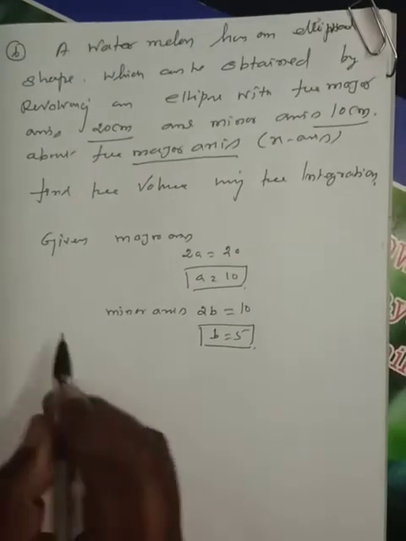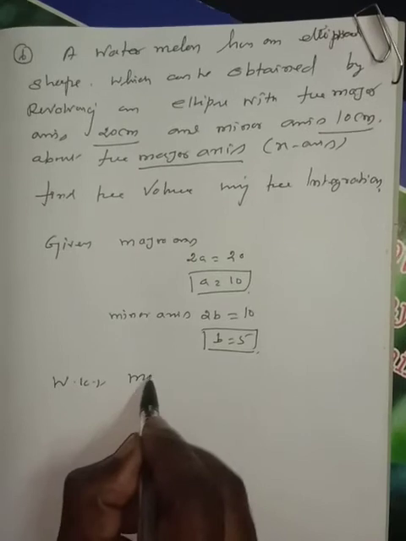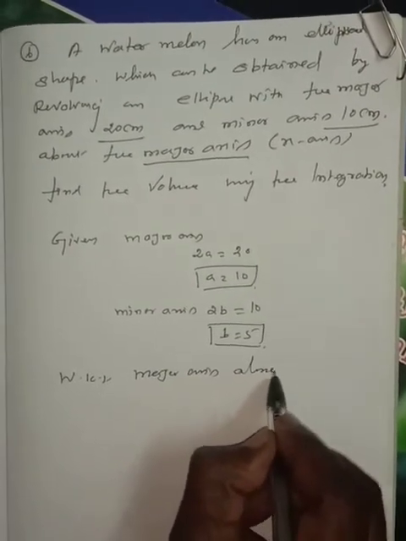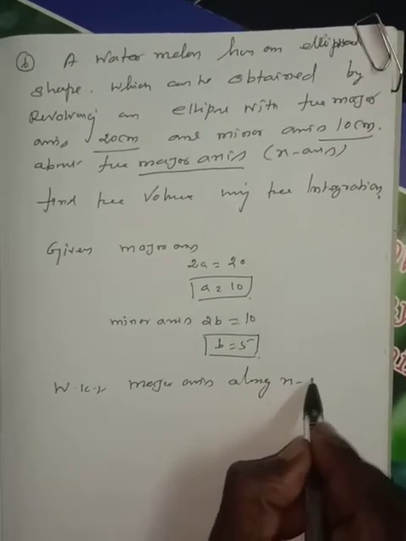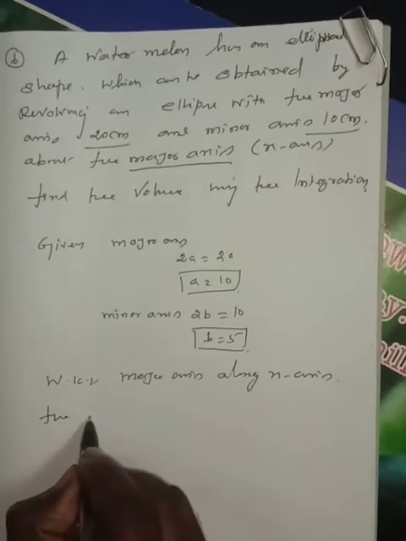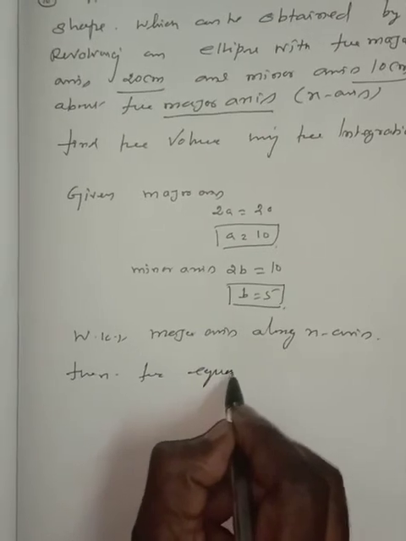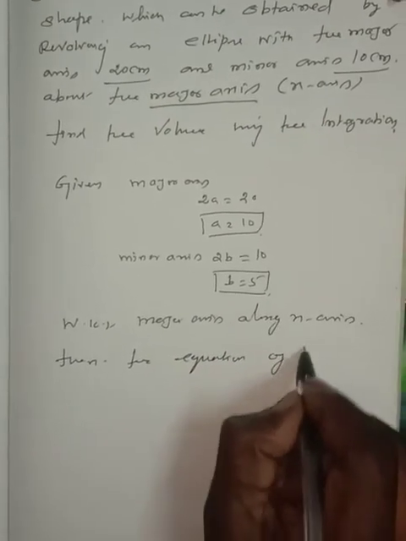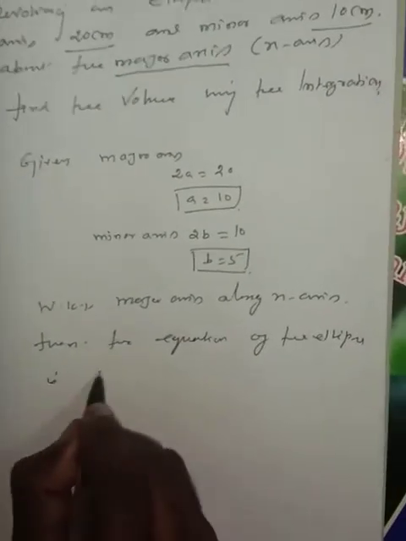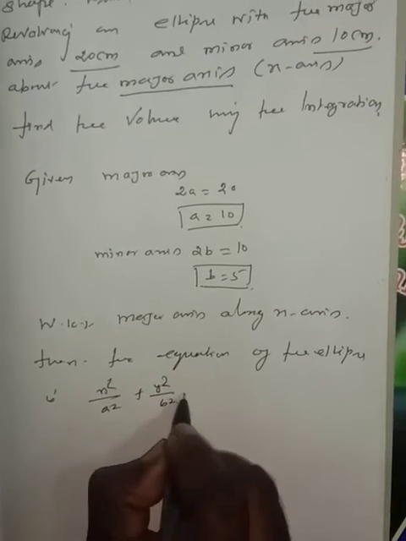Equation of the ellipse, we know that major axis along x axis, then the equation of the ellipse is of the form x square by a square plus y square by b square is equal to one.